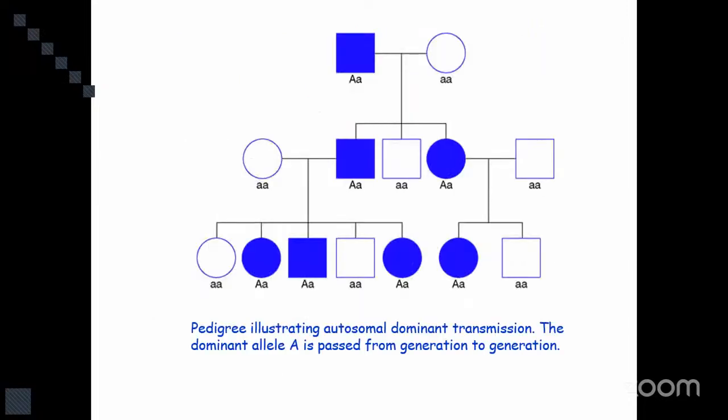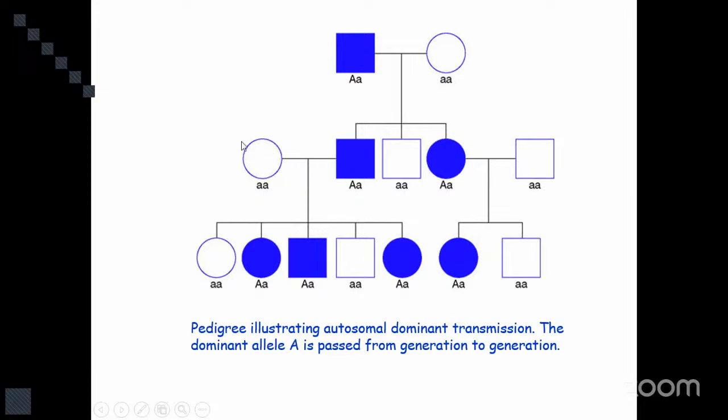So let's use this as a classical pedigree chart to demonstrate this. In this instance, you have the grandfather having this particular trait. Grandmother is free from it, and they had 3 children, 2 boys and 1 girl. The first here has the disorder.